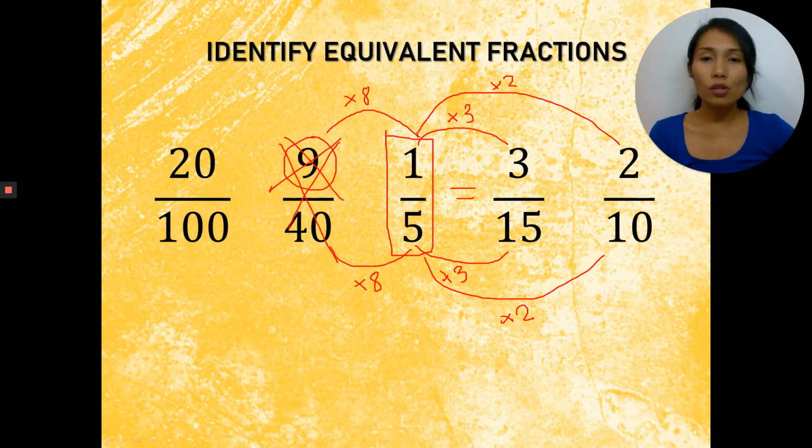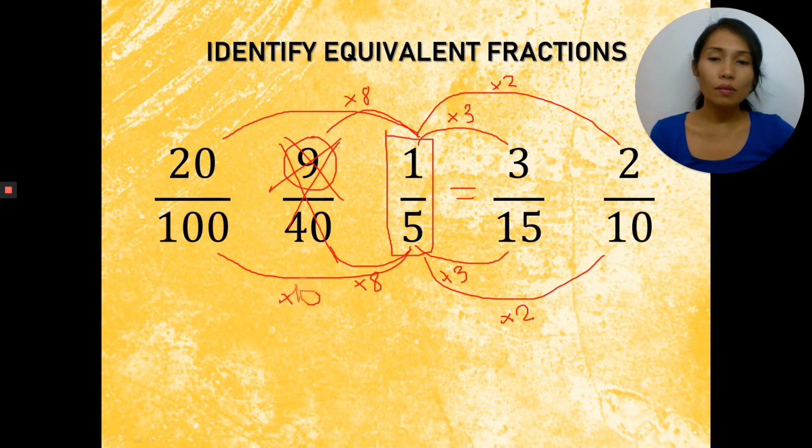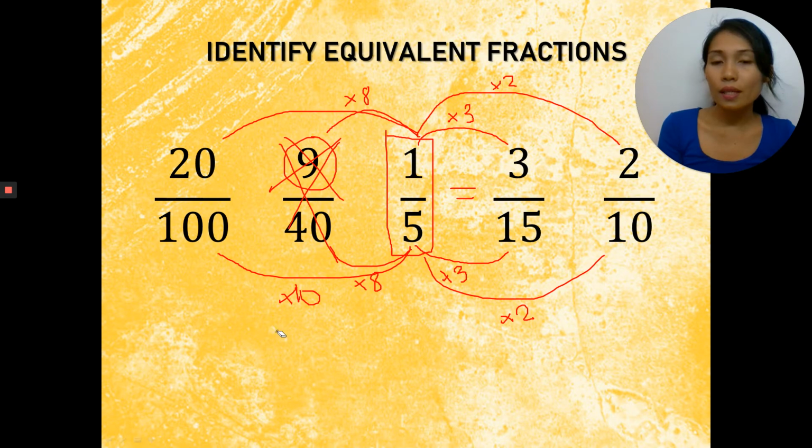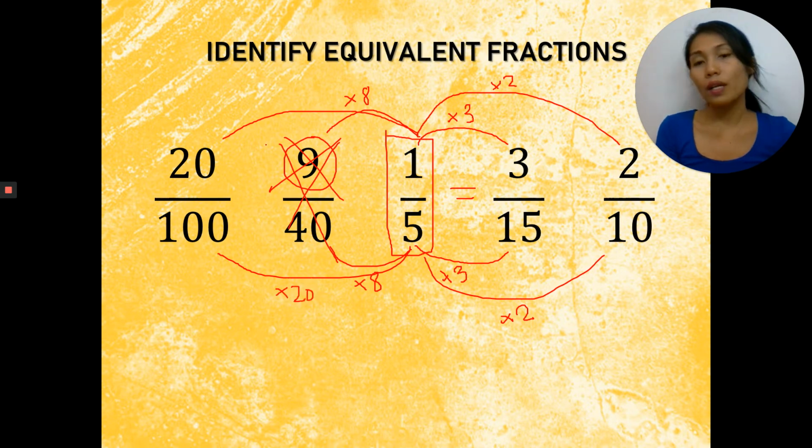Okay, let's try to see this. 5 times 10 equals, oh, sorry, it's not 10. 5 times 20. Okay. 5 times 20 equals 100.